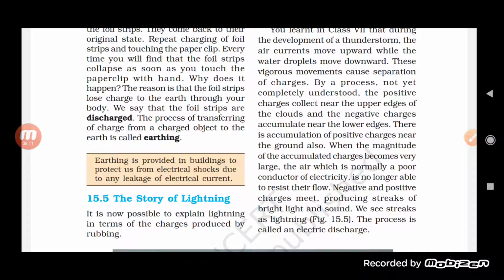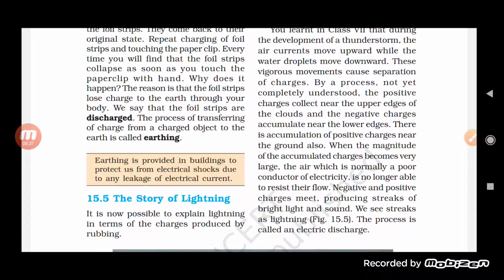There is also an accumulation of positive charge near the ground, and when the magnitude of accumulation of the charges becomes very large, the air, which is normally a poor conductor of electricity, breaks down.